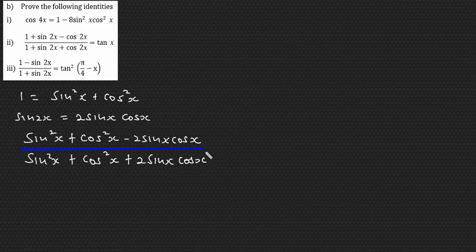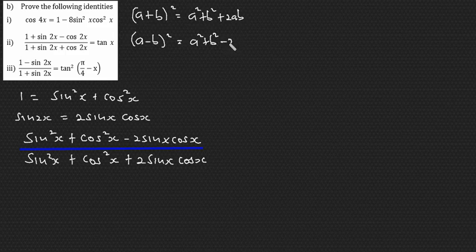Well, so if you take a look at this, there is an identity, a binomial expansion, sorry. So remember a plus b squared is the same as a squared plus b squared plus 2ab, and a minus b squared is the same as a squared plus b squared minus 2ab. So there is this expansion here which you can replace with this.